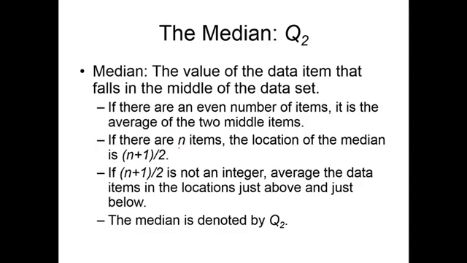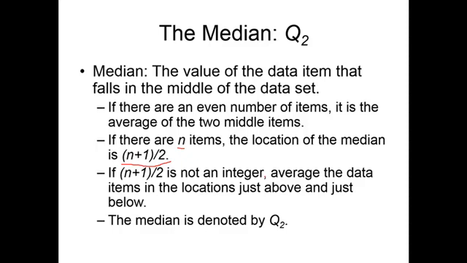Now, if there are n items, the location of the median within the set is at n plus 1 divided by 2. If n plus 1 divided by 2 is not an integer, say it's 5.5, then you'll have a data item number 5 and a data item number 6.